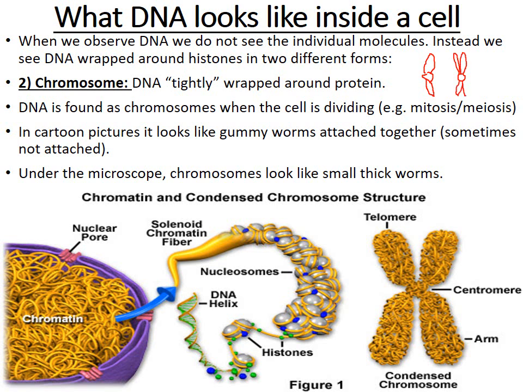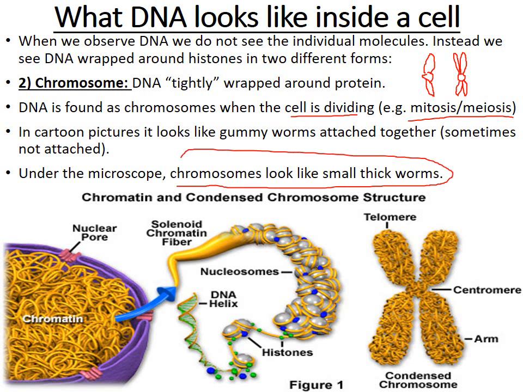But the idea is that DNA in the form of chromosomes is just DNA wrapped tightly around the histone proteins. And you usually see chromosomes when the cell is dividing, so usually during mitosis and meiosis. Under the microscope, the chromosomes look like worms because they're a lot thicker than chromatin, so it's not as smooth. You can actually visibly see the thick chromosome structures that are currently in the cell.